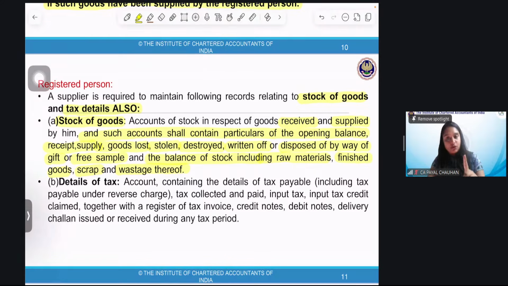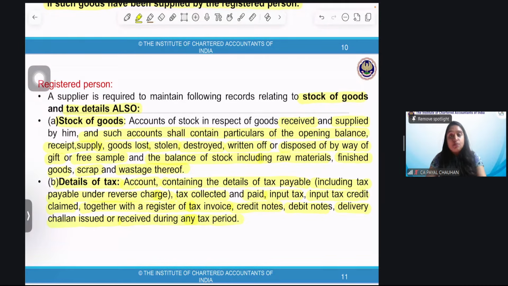First is about the stock of goods, whatever he has received, whatever he has given, lost, stolen, given by way of gift, etc. And the tax detail also: accounts containing the detail of tax payable, including tax payable under reverse charge, tax collected, paid, input tax credit claimed, together with the register of tax invoice, credit note, debit note, delivery challan issued or received during any tax period.